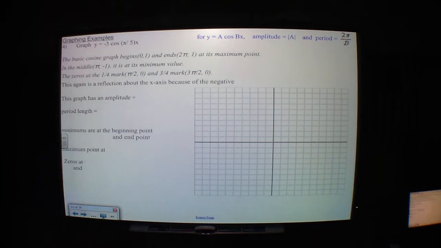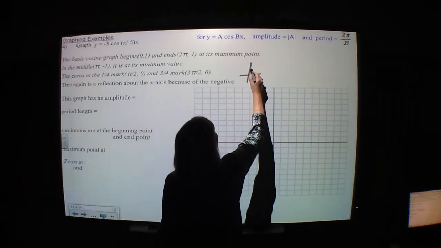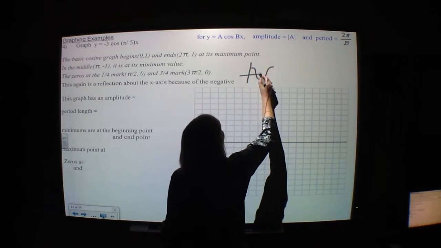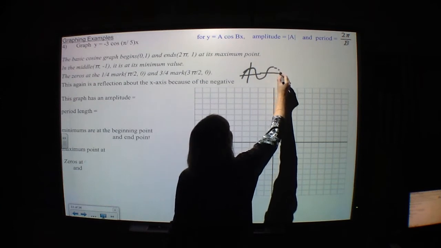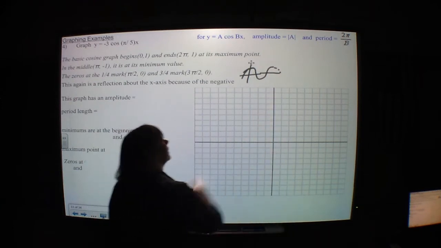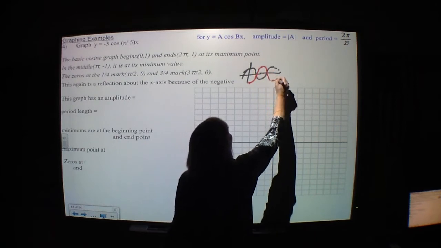But with the negative sign in front, it's reflected around the x-axis. So instead of the graph looking something like that, and there's the rest of it, going on forever, it looks something like this. Okay?